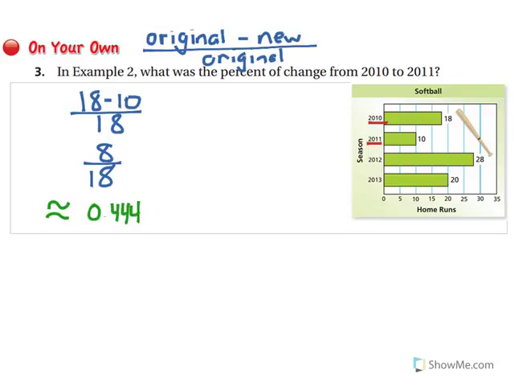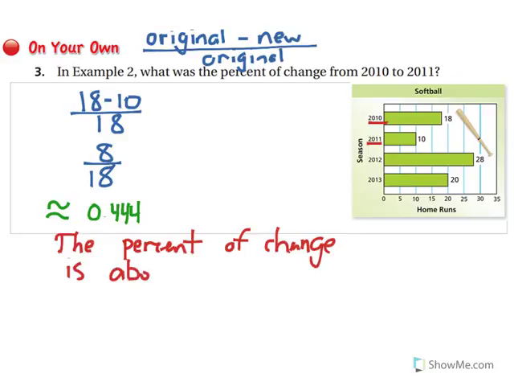0.444. It's 4 repeating. So our answer in this one would be the percent of change is about 44.4% decrease.